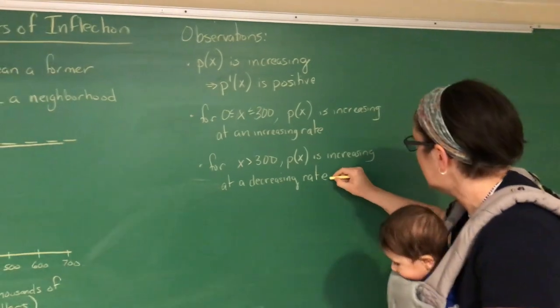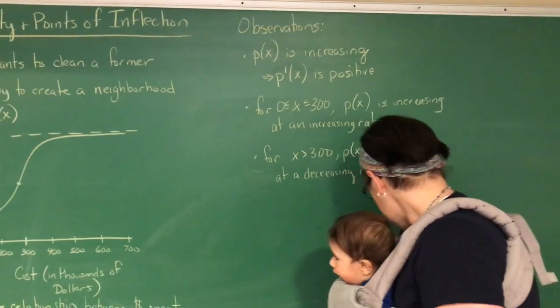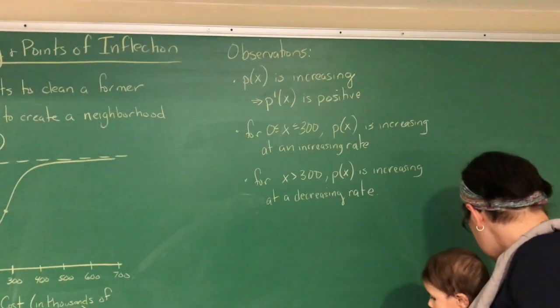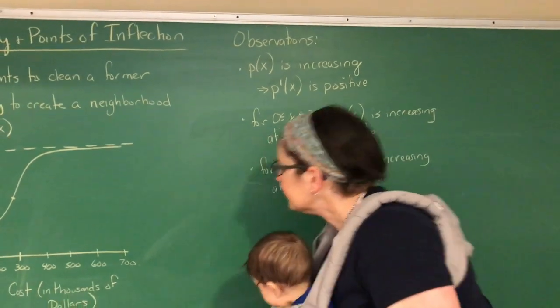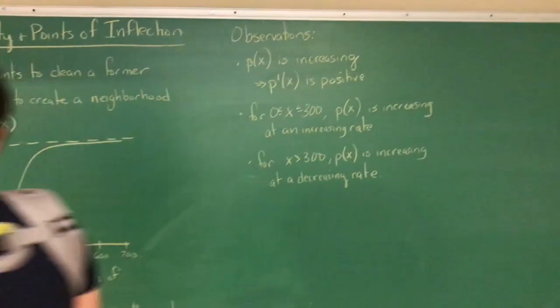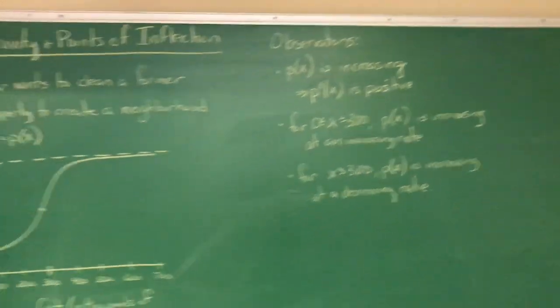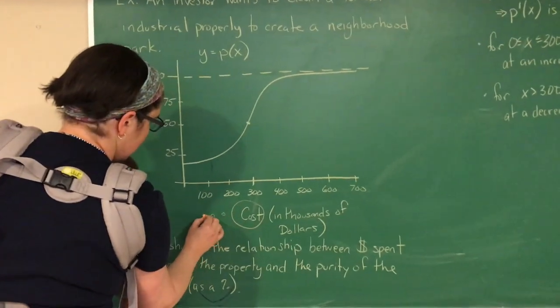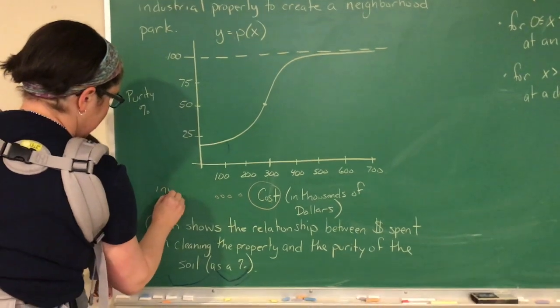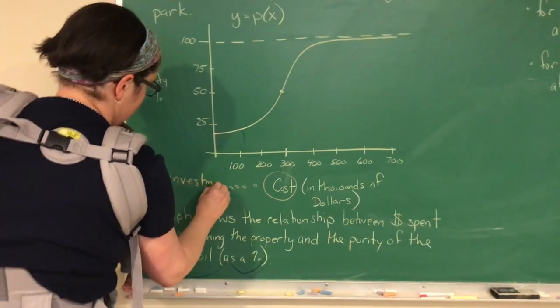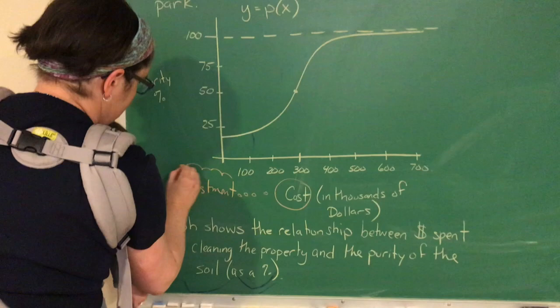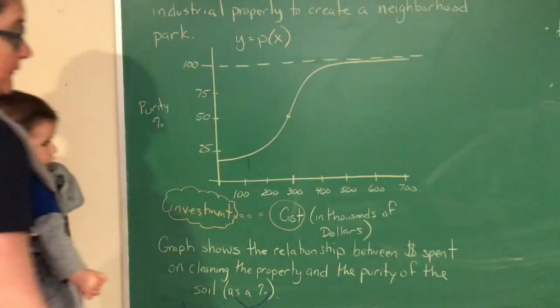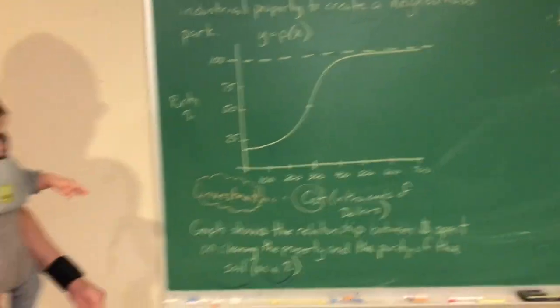Okay. Now, in terms of some business language that's going on here, we have a couple of things. We have an investment, which is our cost. And what do we get from our investment?